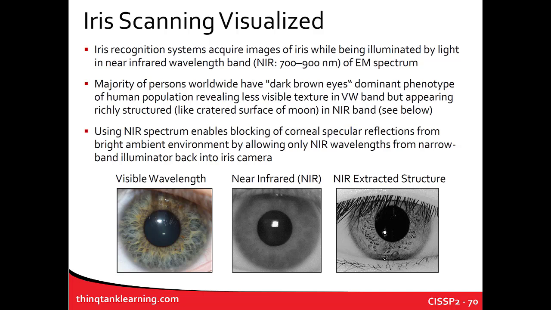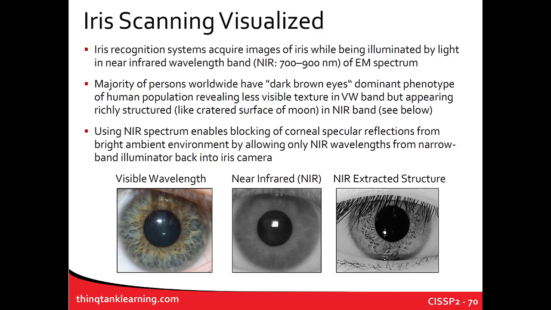Near infrared also reduces glare from the cornea, which is that specular reflection that you see. That's also going to improve your scan accuracy. So a camera basically captures the iris using that near infrared illumination. We extract those texture patterns, rings, furrows, crypts, and then we convert them into a digital template. All right?